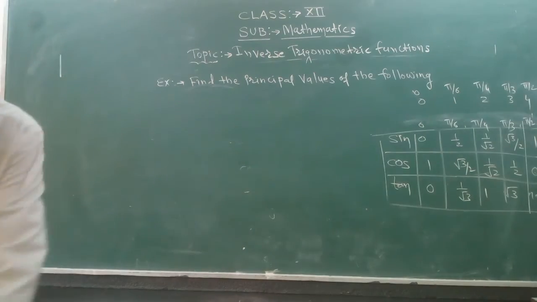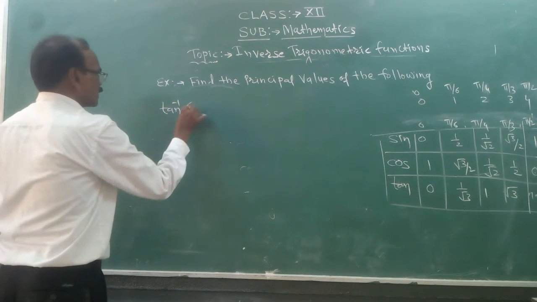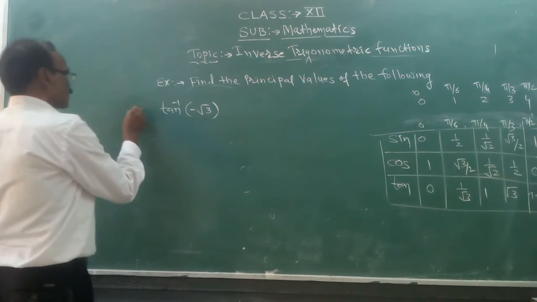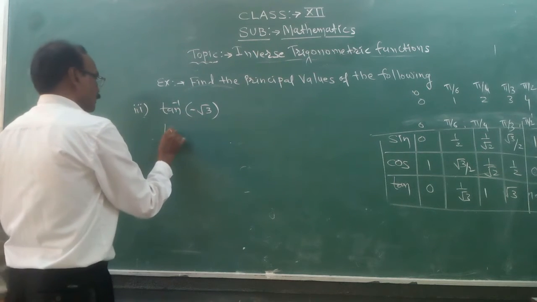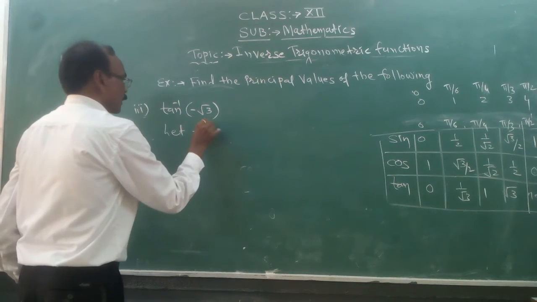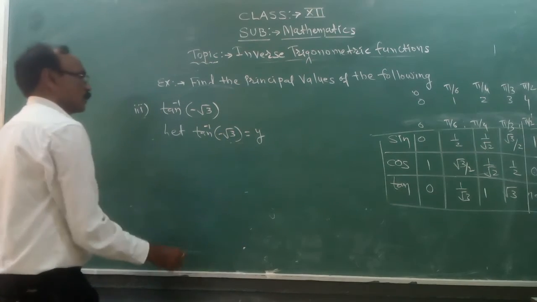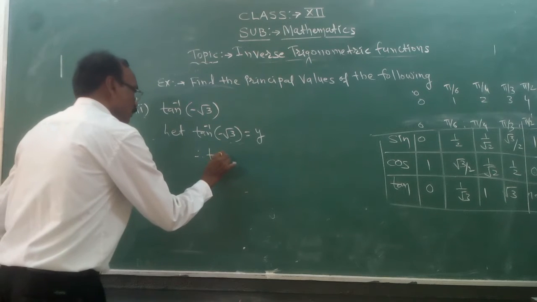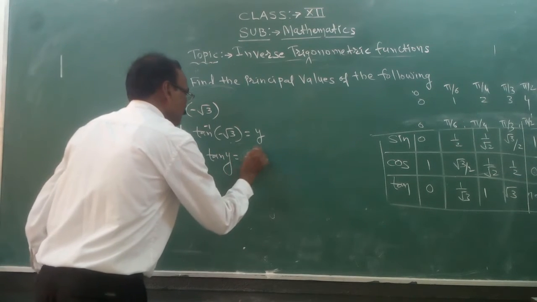Tan inverse minus root 3. Let tan inverse minus root 3 equal y. Therefore tan y equals minus root 3.